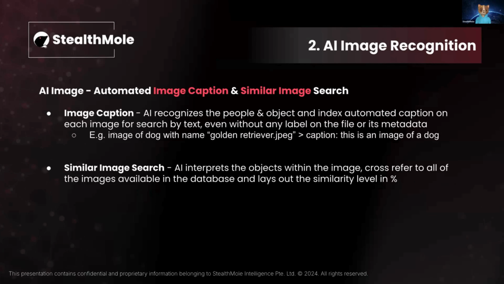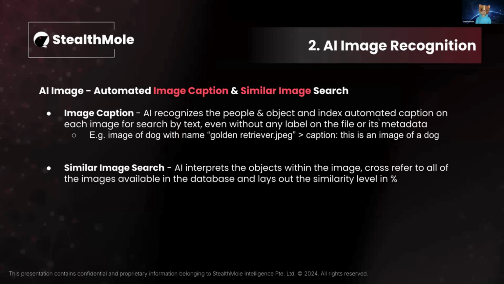So let's say, for example, it's an image of a dog with the name golden retriever.jpg or png. Then the caption could be as simple as "this is an image of a dog." So even though the file name itself doesn't have the word dog, the AI is able to recognize from the image that it is a dog with 4 legs.